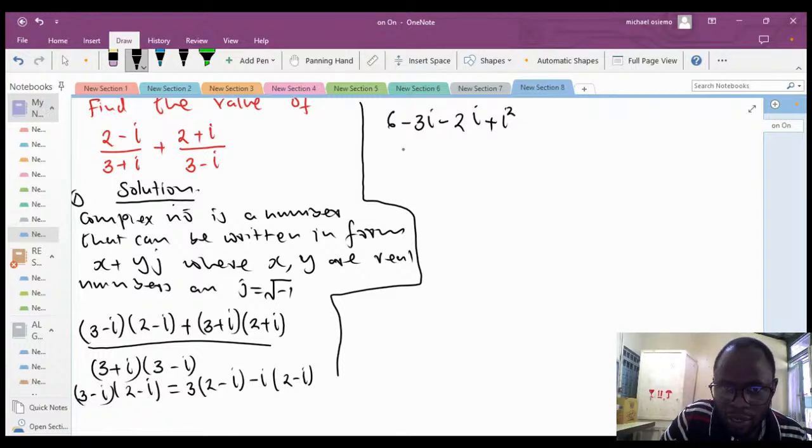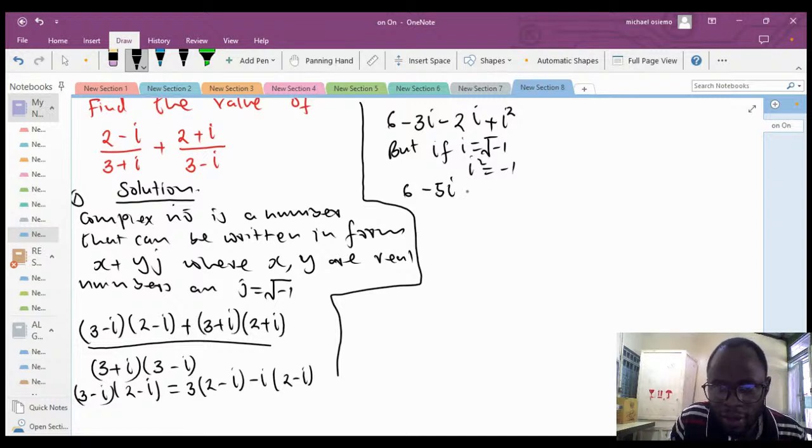But you know that from the powers, if i is equal to the square root of minus 1, then i squared is equal to minus 1. So we are going to have 6, minus 3i minus 2i, which will be minus 5i, then minus 1. So 6 minus 1 is 5. So 5 minus 5i. That's the first part.